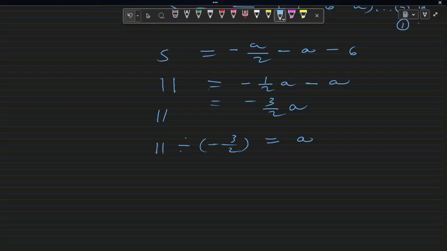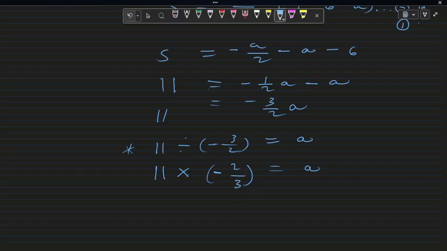And then if I simplify this side, if I change the division to a multiplication, then the fraction that comes after that change will be swapped. Okay, so I will have 2 over 3 instead of 3 over 2. Okay, so this is equal to the value of a.